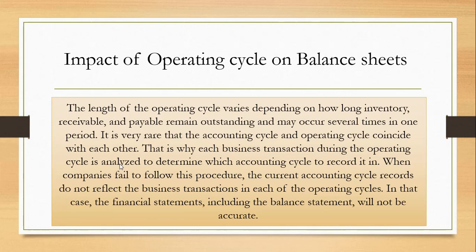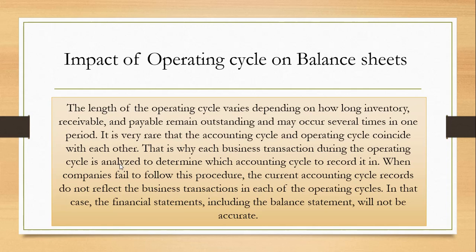Impact of the operation cycle on balance sheets. The length of the operation cycle varies depending on how long inventory, receivable, and payable remain outstanding, and may occur several times in one period. It is very rare that the accounting cycle and operation cycle coincide with each other.